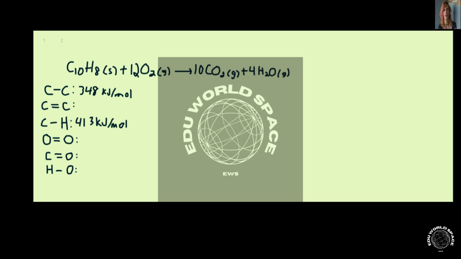For C double bond C, it's 614 kilojoules per mole. For O double bond O, it's 495 kilojoules per mole.